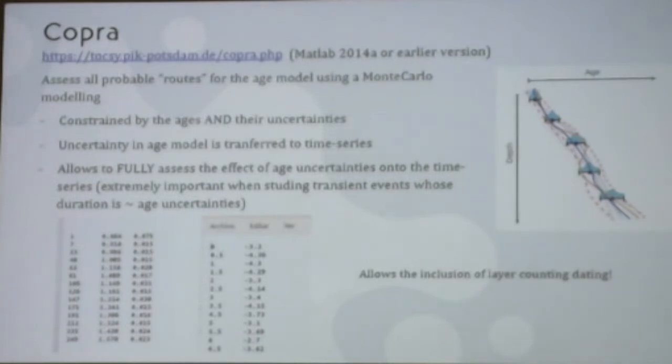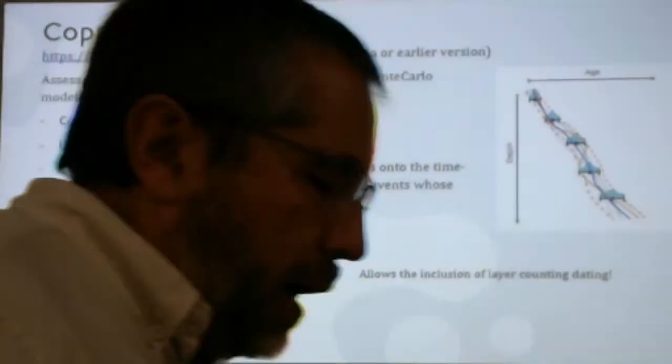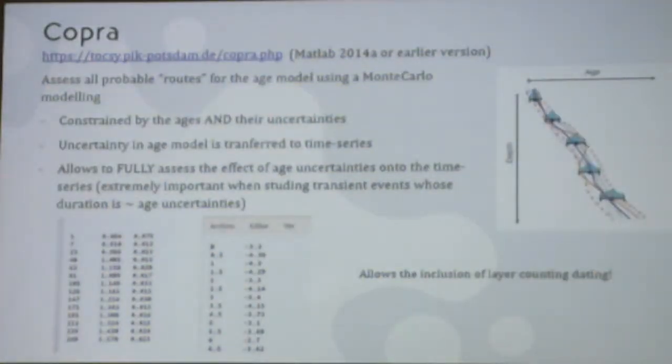And basically, Copra has this Monte Carlo approximation that calculates all the possible routes, and then, based on the uncertainties that we are providing to the system, it translates these uncertainties to the time series and to the proxy.